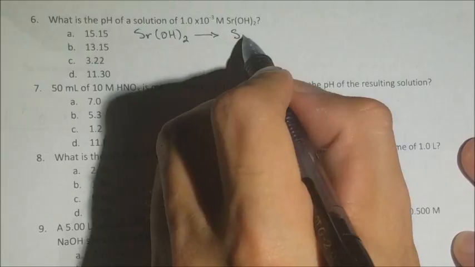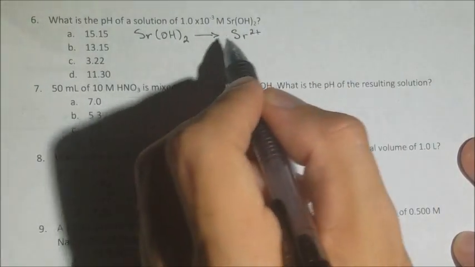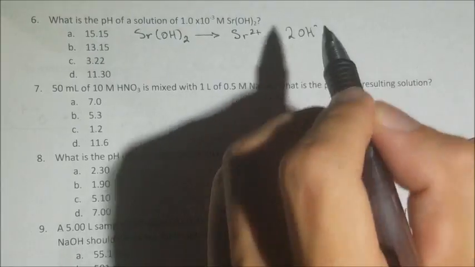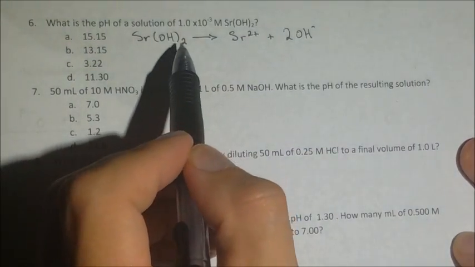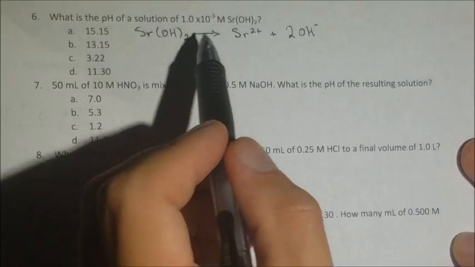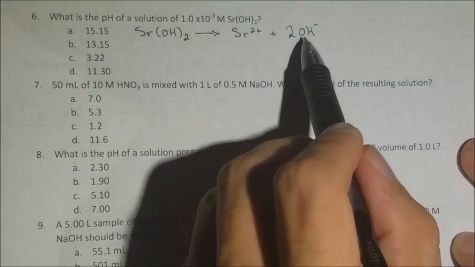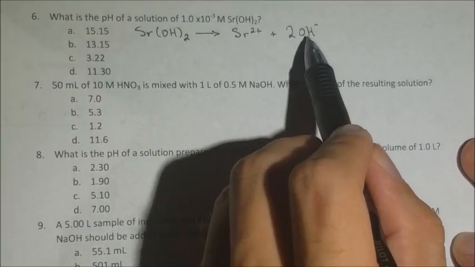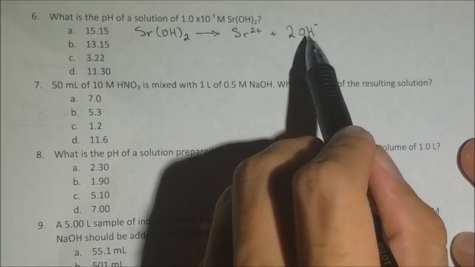Strontium hydroxide is going to make Sr2+, it's aqueous of course, and 2 hydroxides. Okay, that's what this 2 represents. So for every mole of strontium hydroxide, when it completely dissociates, it's going to make a mole of strontium ions and 2 moles of OH-, of hydroxide ions.